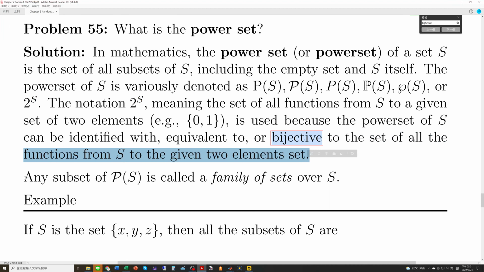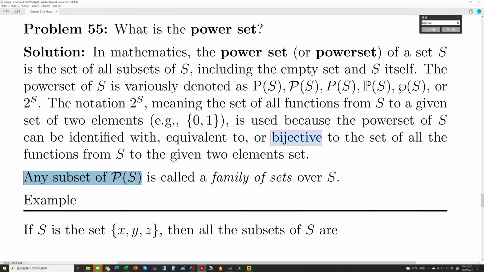Any subset of P of S is called a family of sets over S. Next, let us see an example. If S is the set which contains elements X, Y, and Z, then all the subsets of S are.